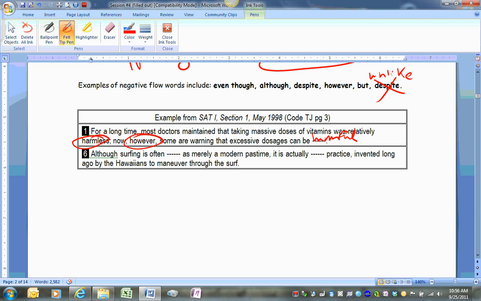Okay, number 6. Where's my negative flow word? Okay. And what are some clues? How about modern? Because you clearly want to go with the opposite of modern now. So it's actually an ancient practice.